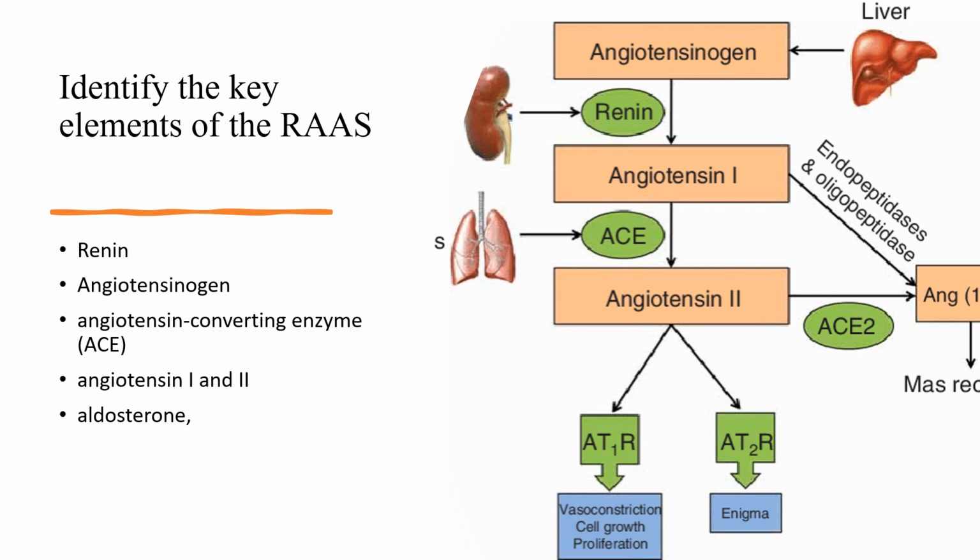Angiotensin 2 also stimulates the release of aldosterone from the adrenal glands. Aldosterone acts on specific receptors in the kidney to increase sodium reabsorption and potassium excretion. This leads to water retention and expansion of blood volume, further elevating blood pressure.